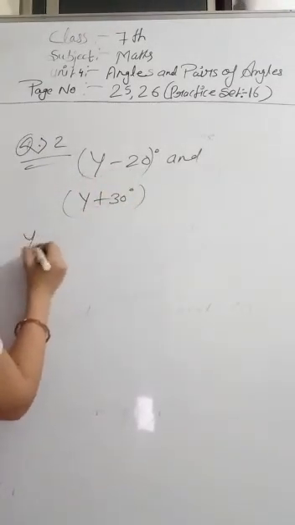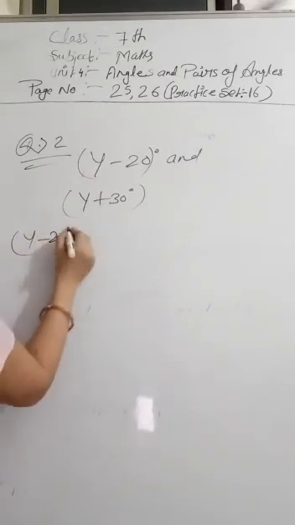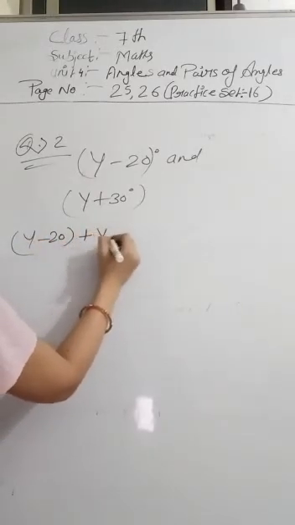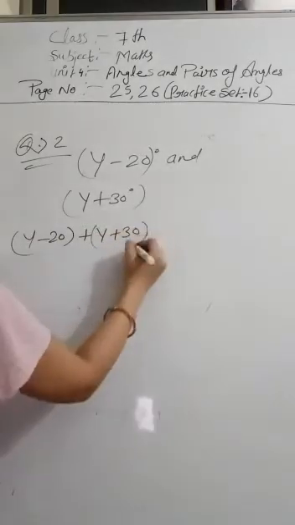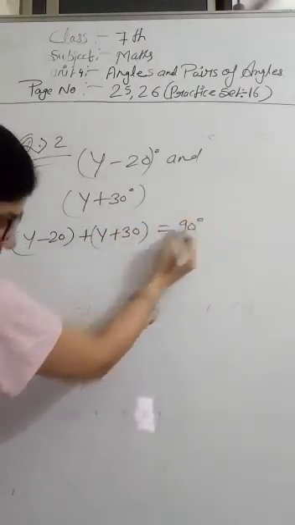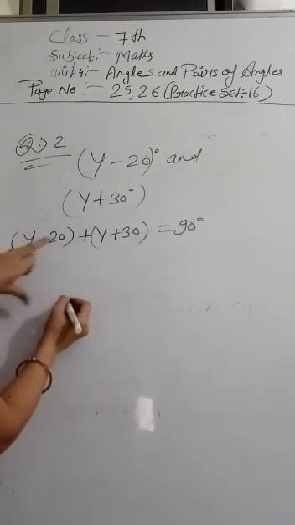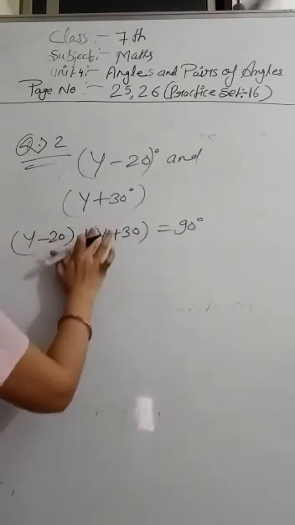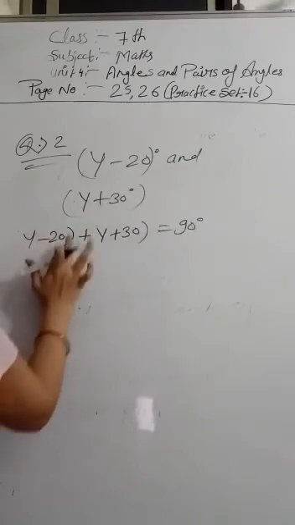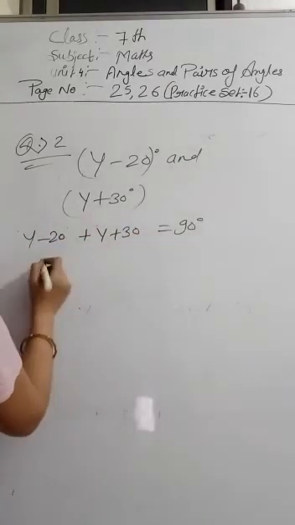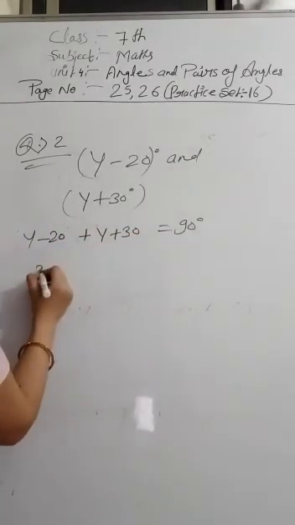First we will write here y minus 20 plus y plus 30 degree, equal to 90 degree. Now we will remove the brackets, y and y, 2y.